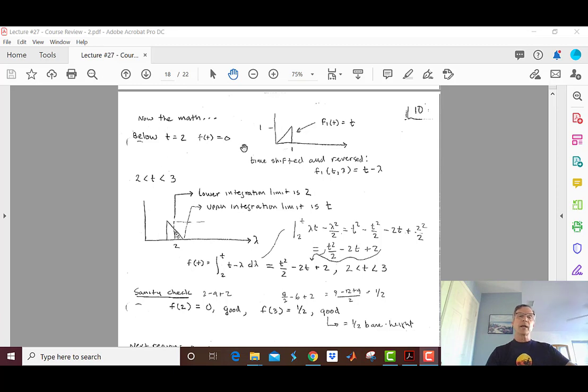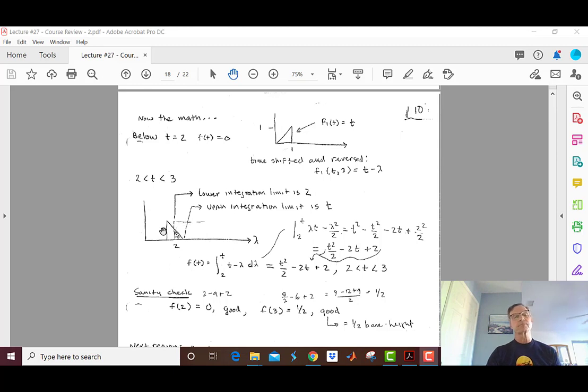Now let's do our next little section. And this section is going to be where we begin to get overlap. And so it's going to be the section from t equals 2, which is where we start picking up area, to t equals 3, which is where we are fully inside that impulse response.